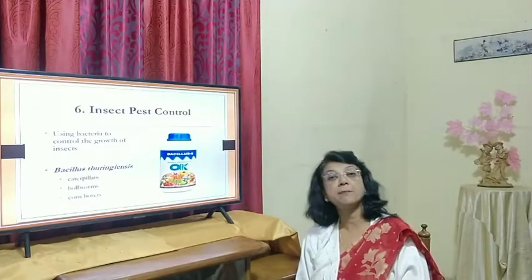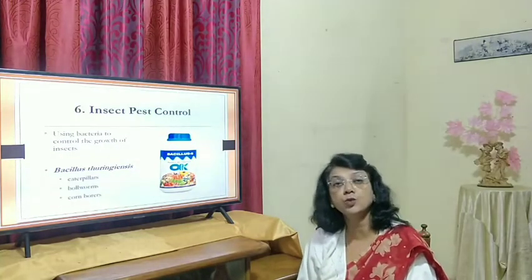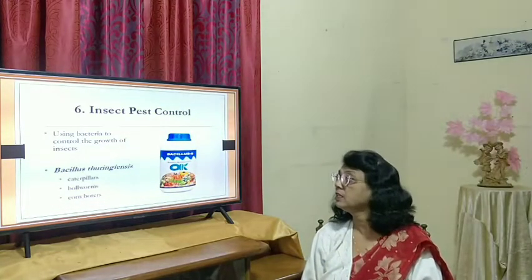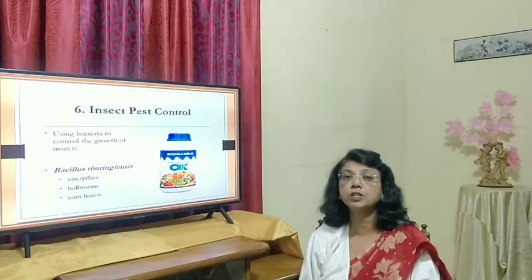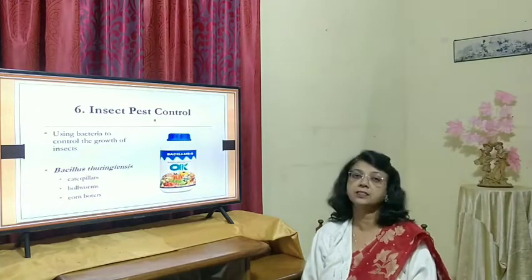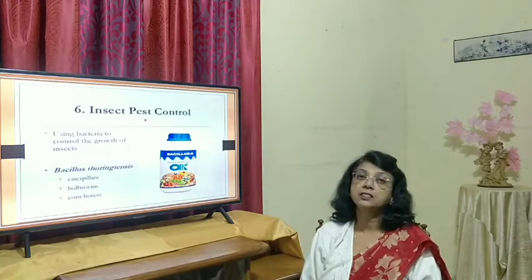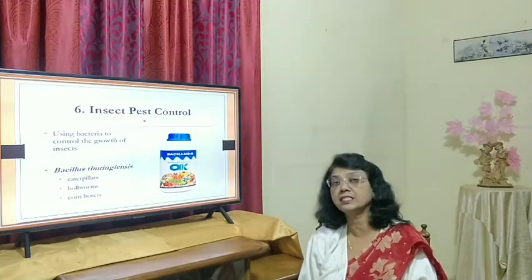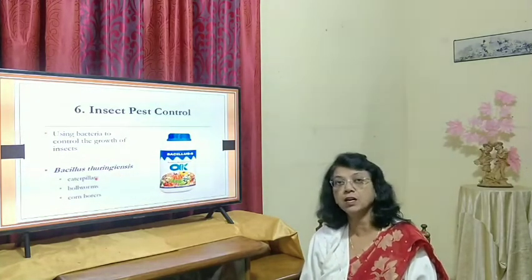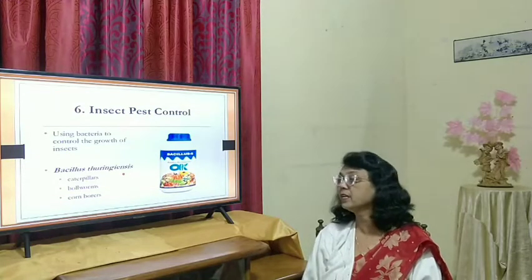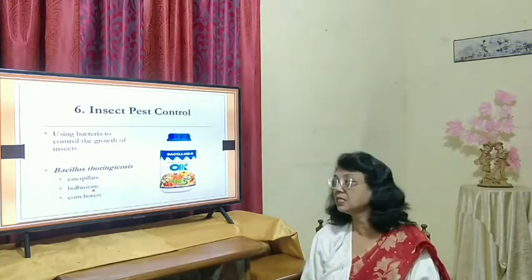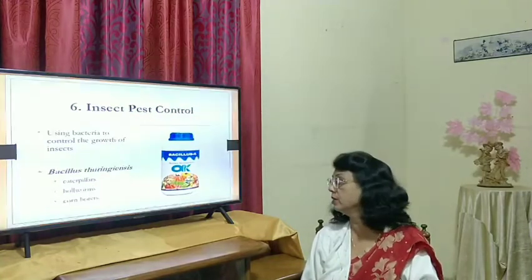Do you know that bacteria is also used to control pests? Bacillus thuringiensis is used to control the growth of insects. This bacteria is helpful in controlling the growth of caterpillars, bollworms, and corn borers.